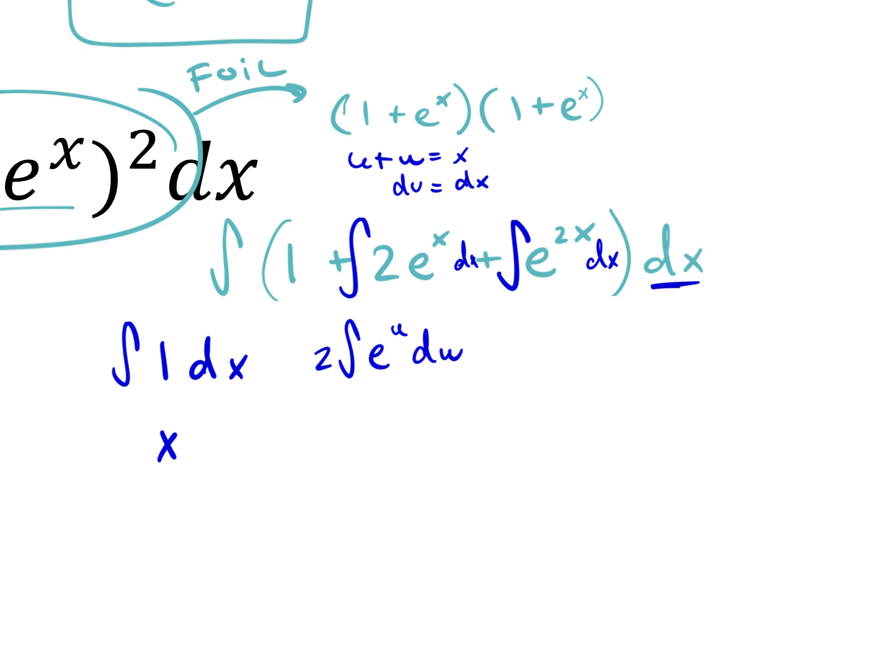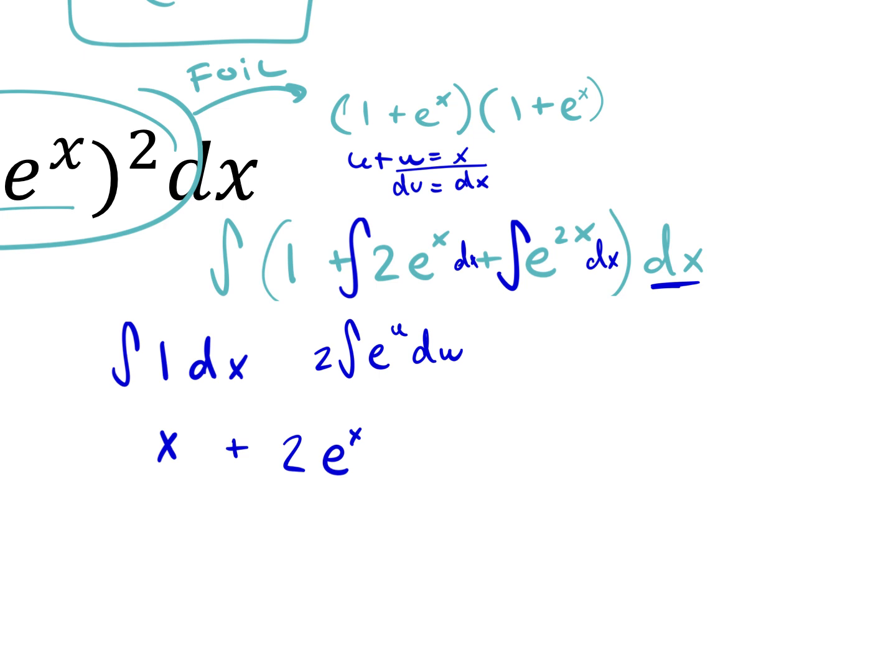This is exactly what we were taking the integral of in each step. So our antiderivative here would be 2 e to the power of u plus c, but we're going to save that for the end. And instead of u, we would write x, because u is x. Any questions on what I did with that one?